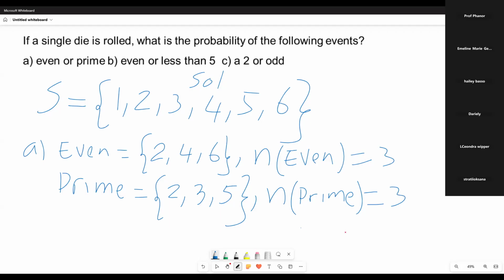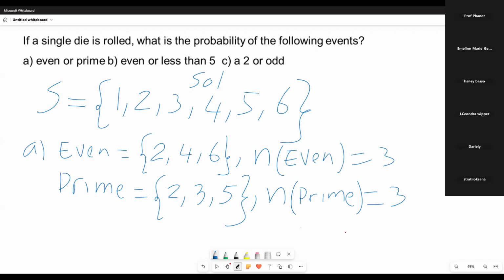Do you think these two events have something in common? Yes, they both have 3 outcomes, but not only look at the outcomes, they both have 2.